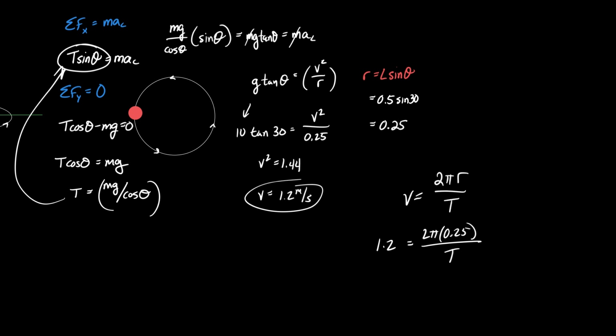I don't think all of you can find the time. I think some of you are going to make a stupid algebra mistake here because you have trouble whenever there's something in the denominator. And I've been trying to point it out all semester, but a few of you will make a mistake. This is going to be 2 pi times 0.25 divided by 1.2.